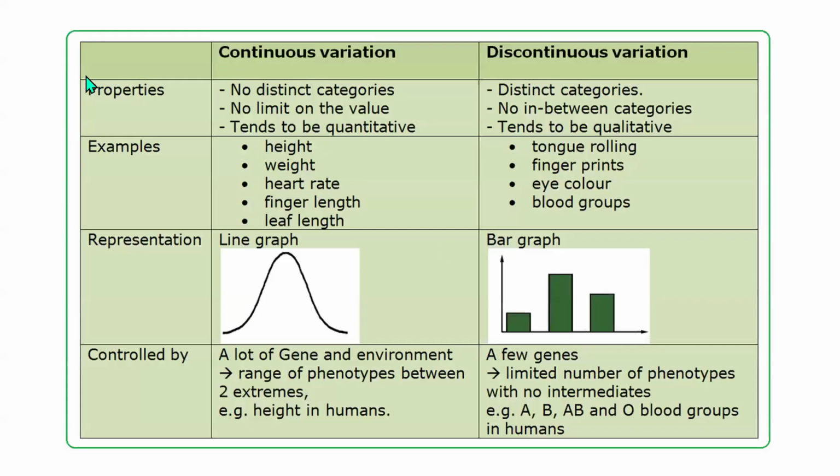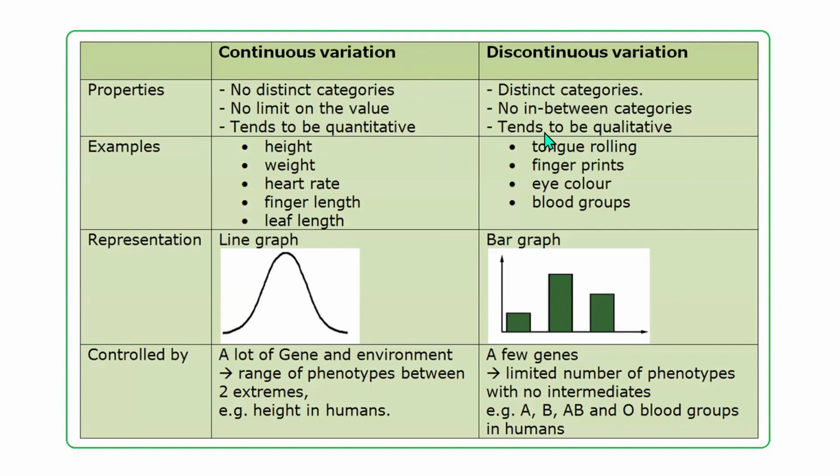And then of course, let's look at the differences between continuous and discontinuous. In terms of properties, continuous has no distinct categories, and discontinuous has distinct categories. In continuous there is no limit on the value, no in-between categories, and it tends to be quantitative, like height, weight, heart rate, finger length.